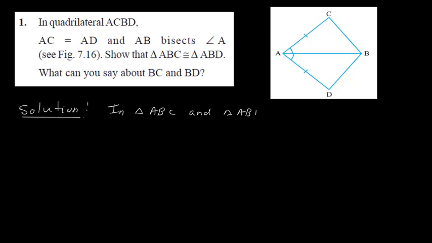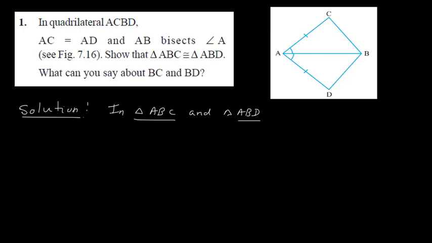Before that, I will observe these two triangles and recall what criteria I know to prove them congruent. One is the side angle side criterion, and the other is the angle side angle criterion that we have learned so far. So let us see whether these two criteria can help me.